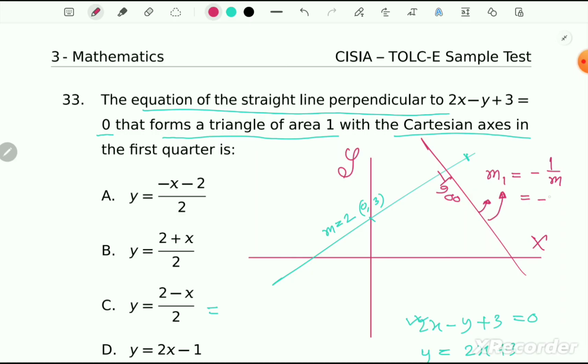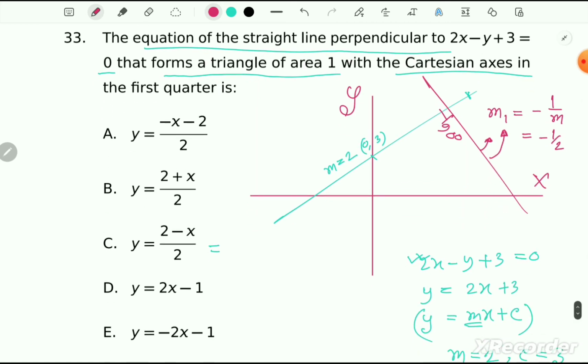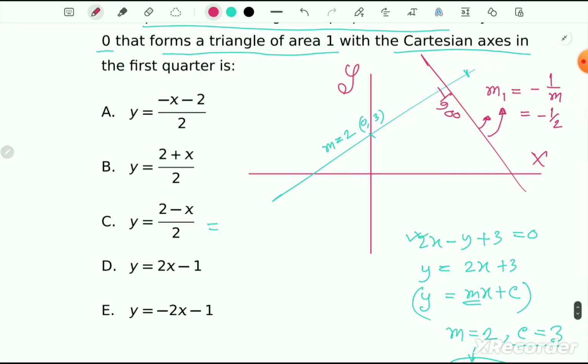Therefore we can write this way, minus half. So the line perpendicular to the given line has a slope of minus half, and we don't know the c, but now we can sort out the answer because we already know the slope.